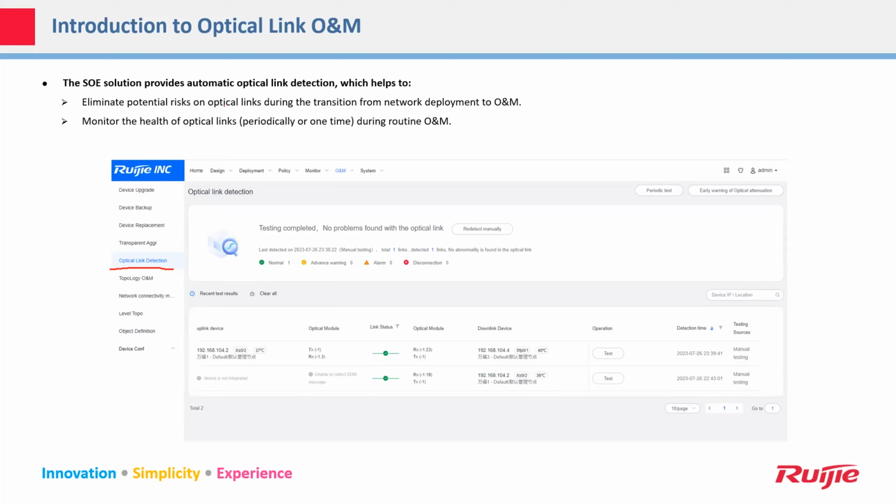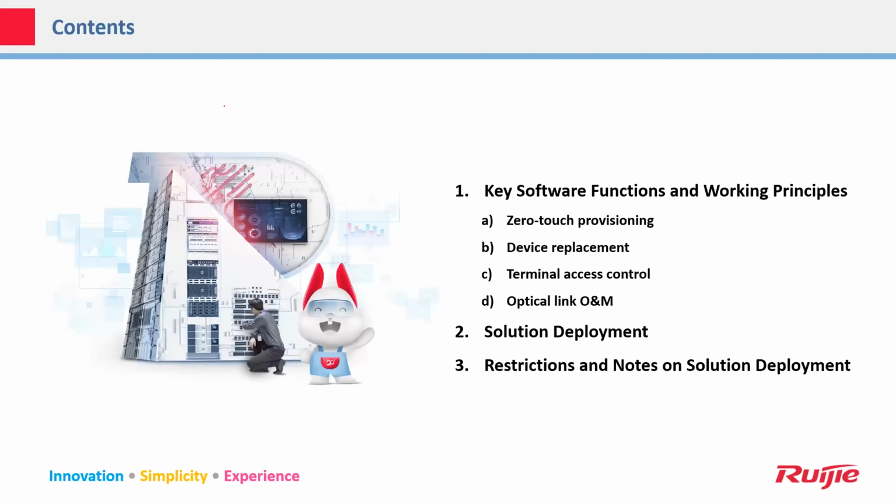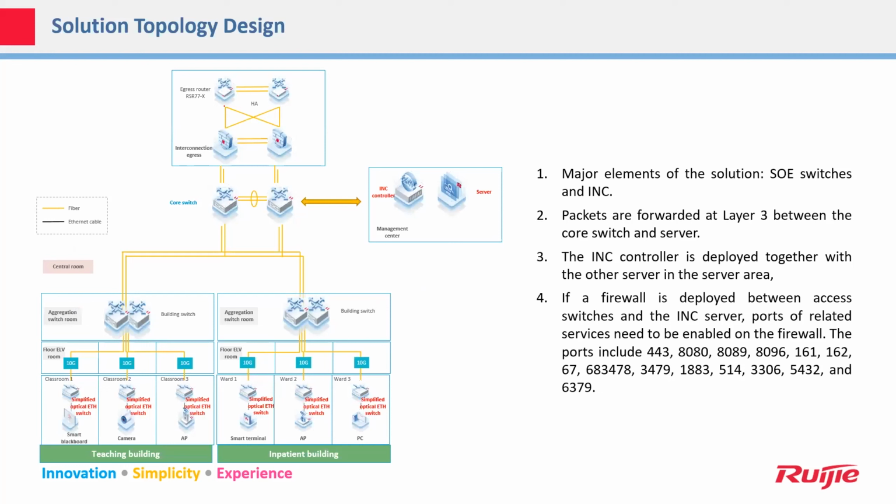It can monitor the running status of the whole network, show you some alarms, and even give you some troubleshooting suggestions. It's very, very powerful. After knowing these functions, next let's see the deployment.